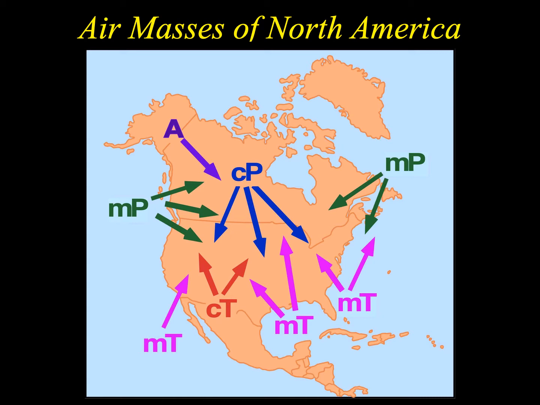Maritime tropical, once again, either east or west coast, but closer to the equator. And continental tropical tend to form in the middle of the U.S. and Mexico. Continental polar, northern Canada.